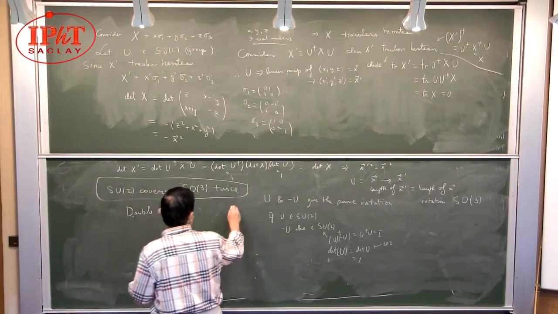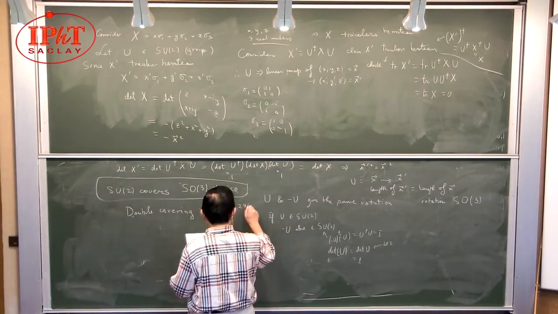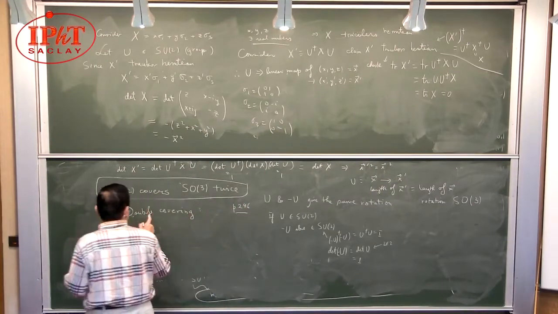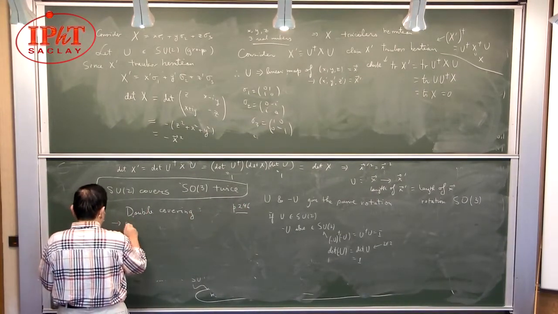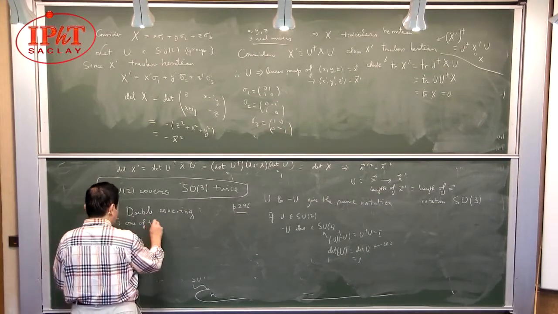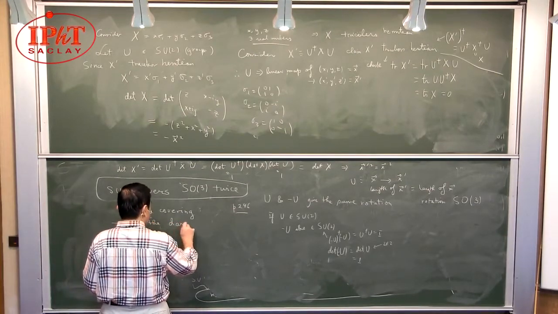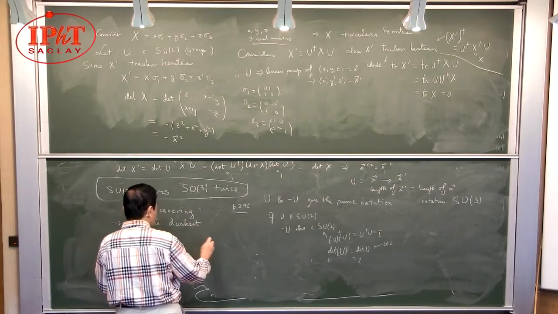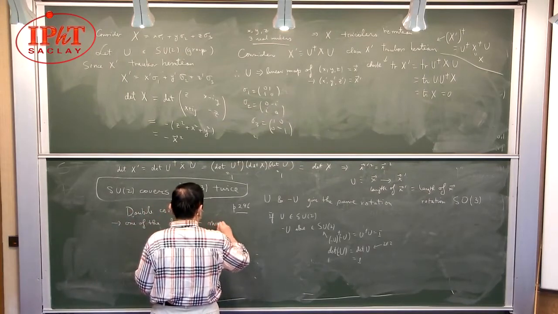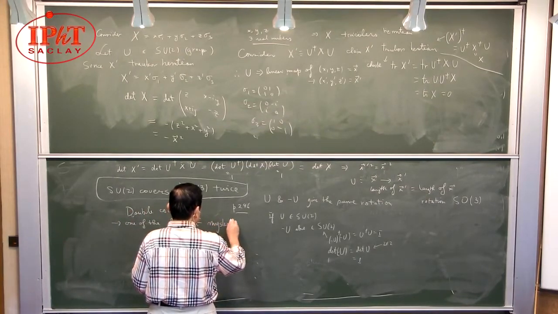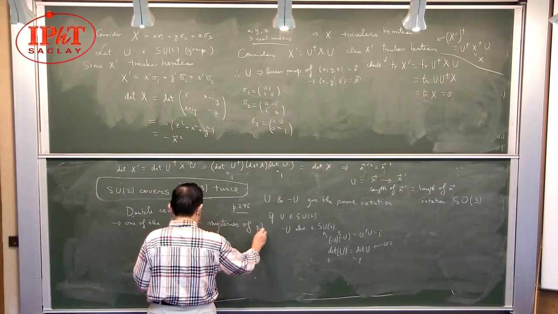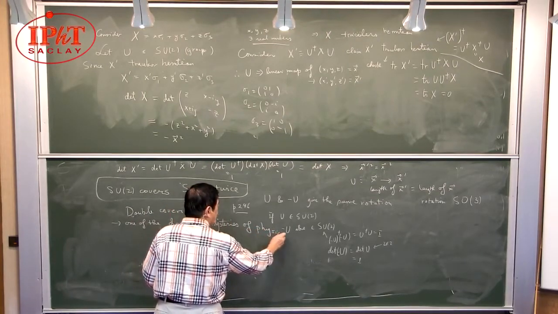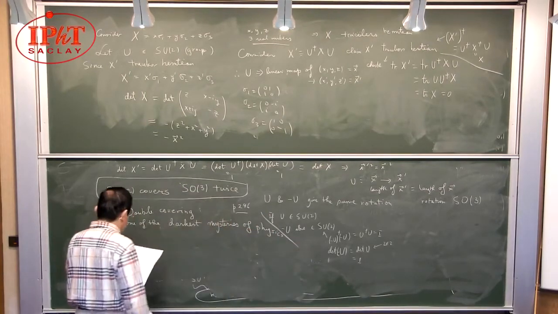And this is page 246 of my book. And this double covering is, I think most physicists would agree, one of the darkest mysteries of physics. Why nature would care about this.